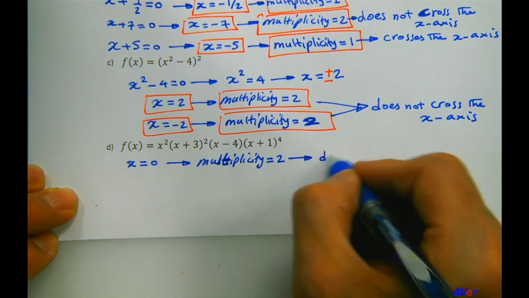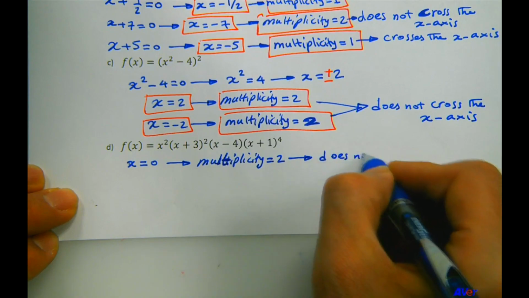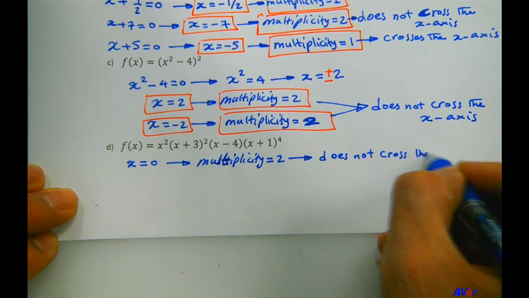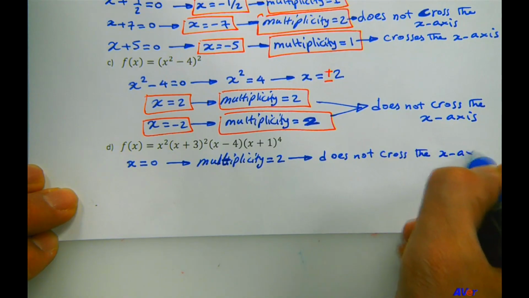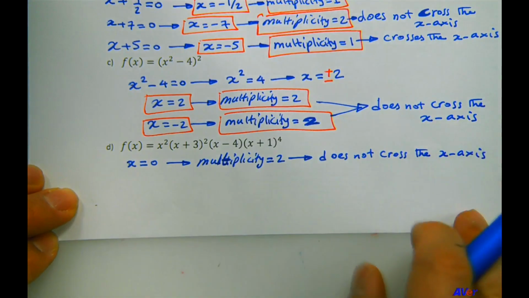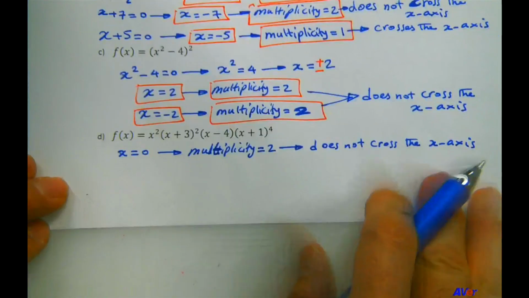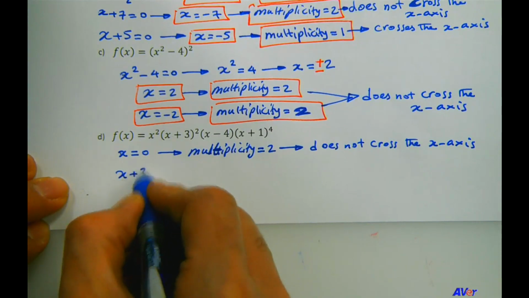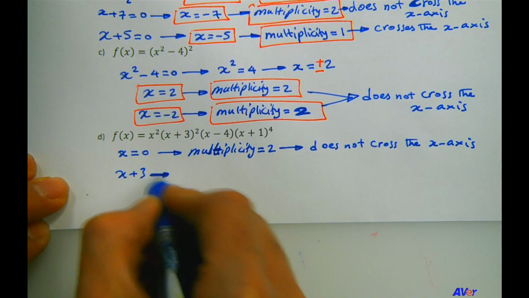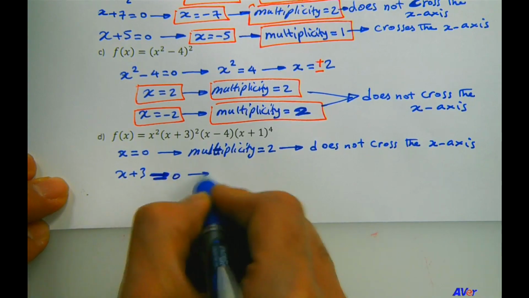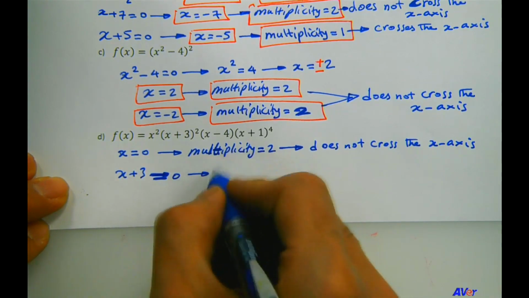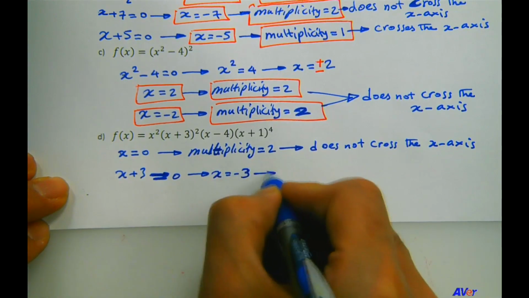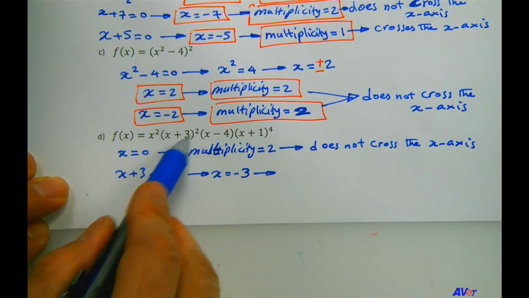And so it does not cross the x-axis. Once again, I'm about to run out of space here. I'll try to fit it all in. So x plus 3 equals 0. Then x equals minus 3. And that one has multiplicity 2 again.